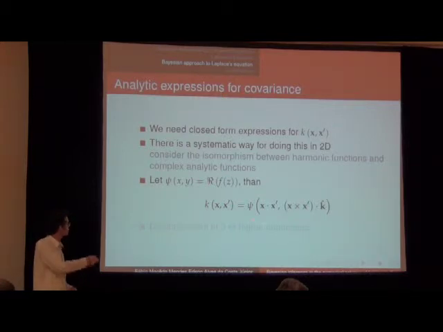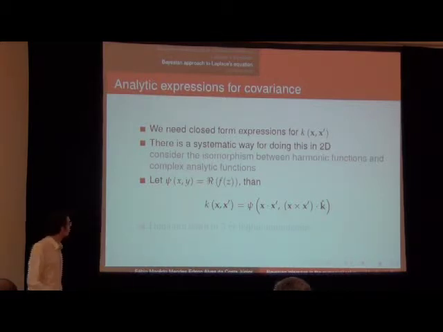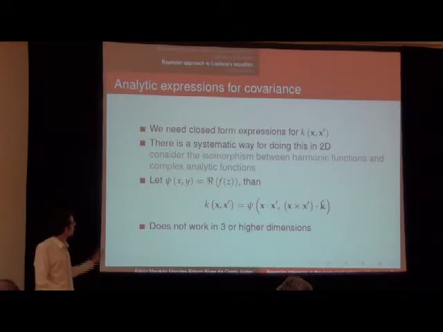And you can easily prove that these kernels obey Laplace's equation and do the trick that was required. Unfortunately, it doesn't work in 3 or higher dimensions. We have to figure out other methods in that case.